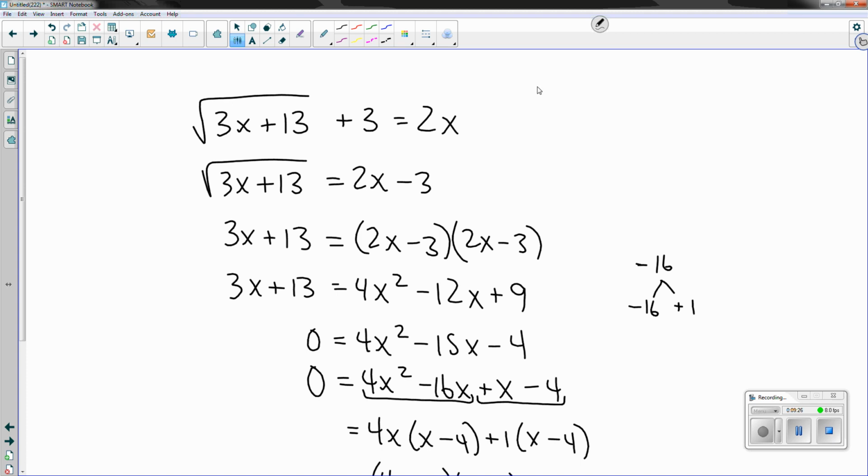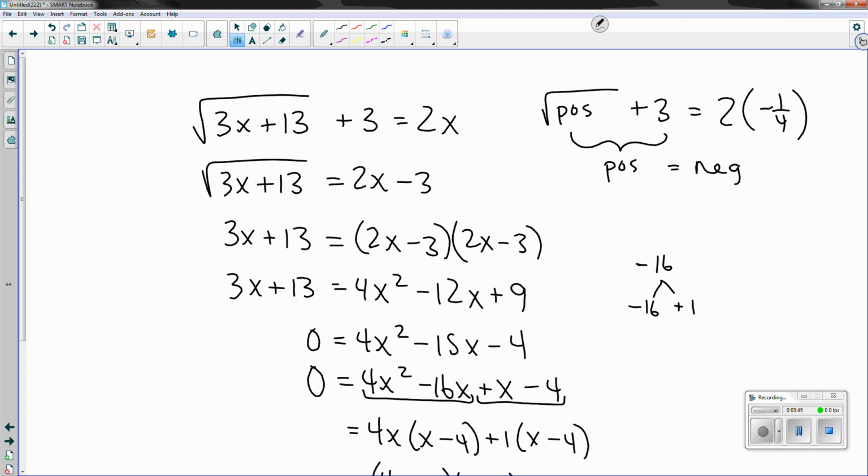Now, as for negative 1/4, if I were to plug in negative 1/4, I'm going to get a positive value here, and then plus 3 equals 2 times negative 1/4. So I can already see a positive plus a positive is going to result in a positive number. Could that equal a negative number?